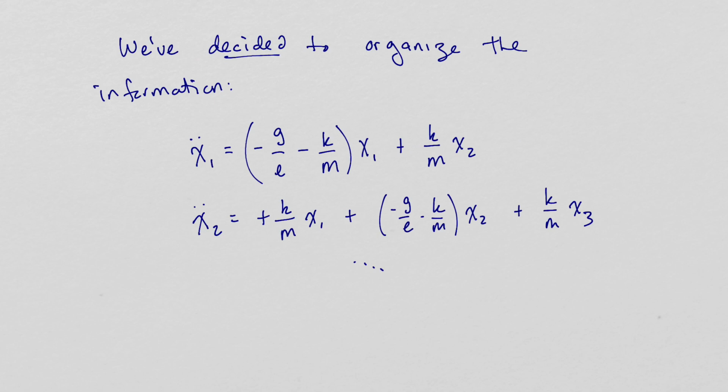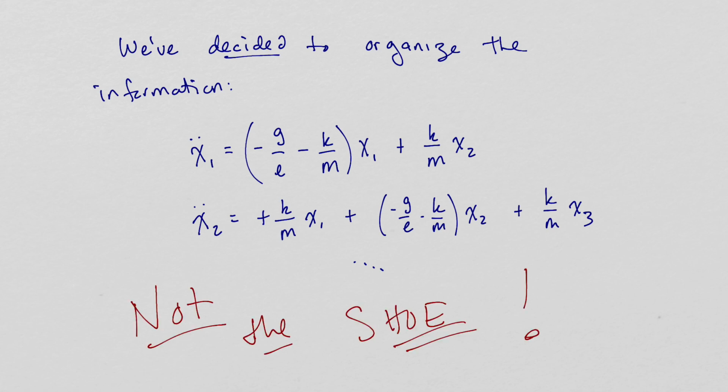But decidedly, what I end up with when I write down these expressions are equations that are linear, yes, but they are definitely not the shoe, right? In order to have the shoe, I need just one thing, right? x1 being proportional to minus x1, right? And I don't have that here because I see that x1 is coupled to x2 and x2 is coupled to x1 and x3.